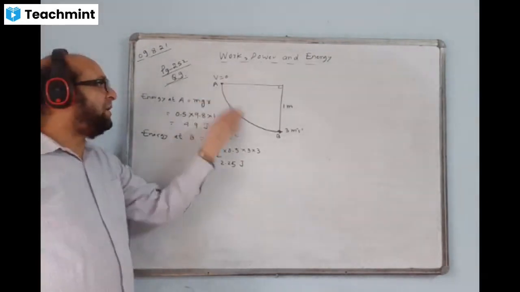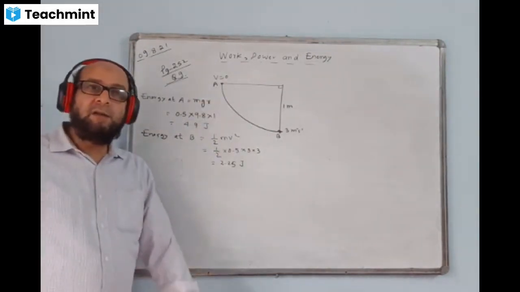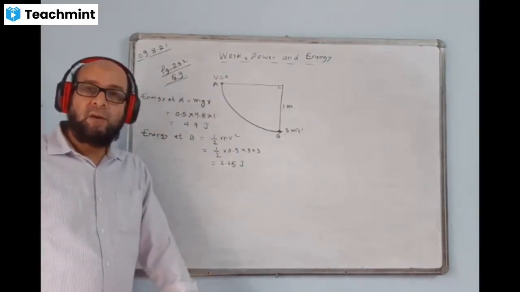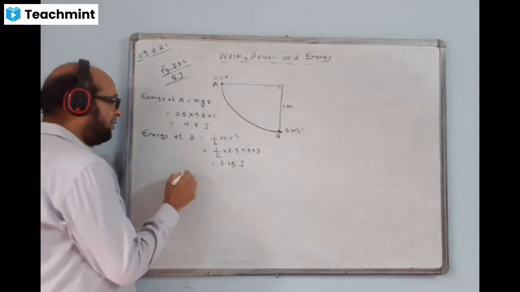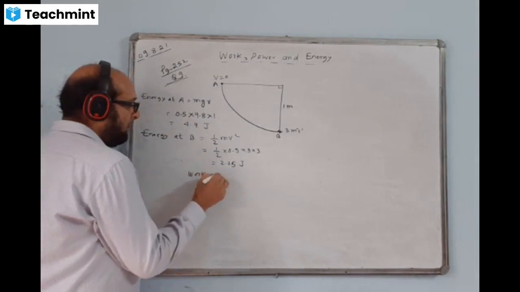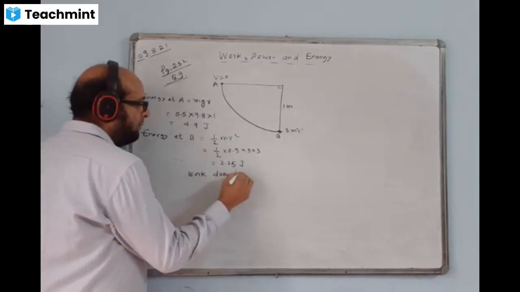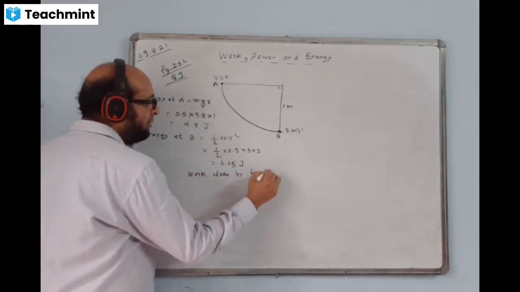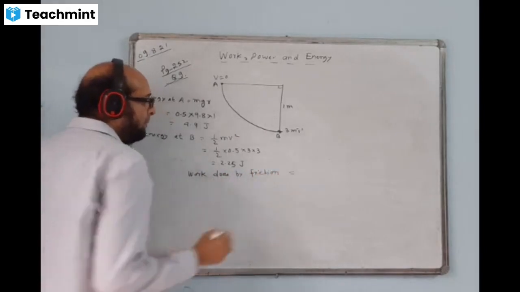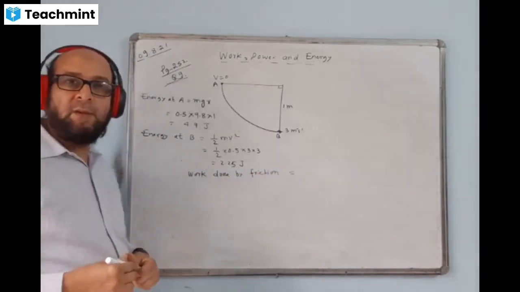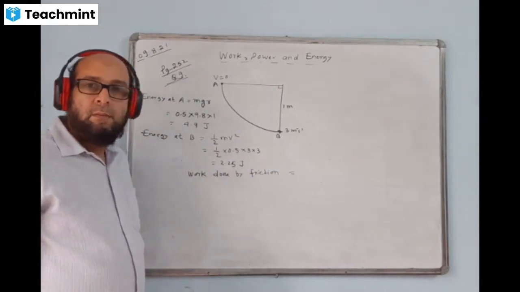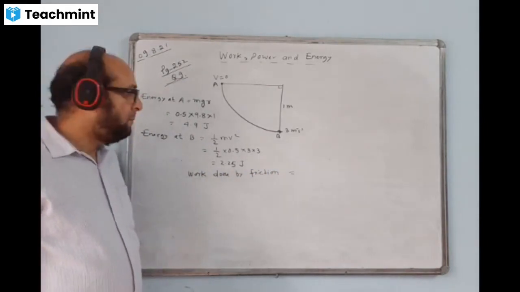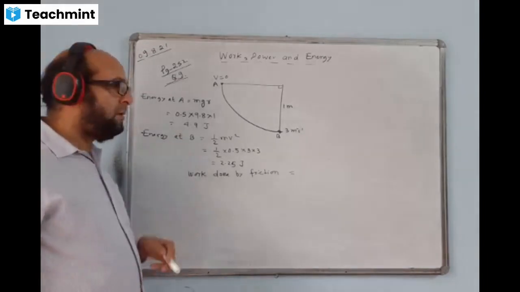So there is a decrease of energy. Actually, there is no decrease of energy; due to friction, the energy is lost. What is the value of work done by friction then? Energy at A minus energy at B. Yeah, subtract.